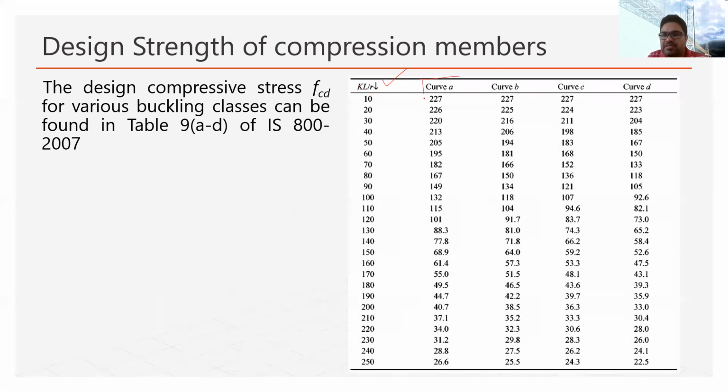This curve basically shows the buckling class of the section, and it depends on the cross-sectional shape of the member. So if we know the lambda value, we can easily find the FCD value. We will understand how to select that value when we solve the numerical.